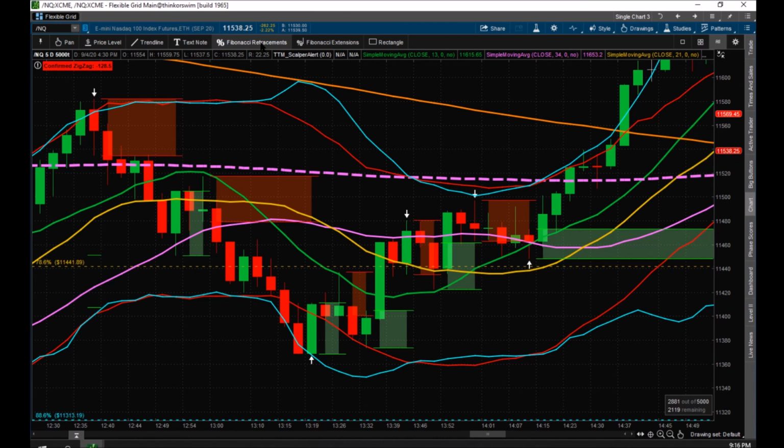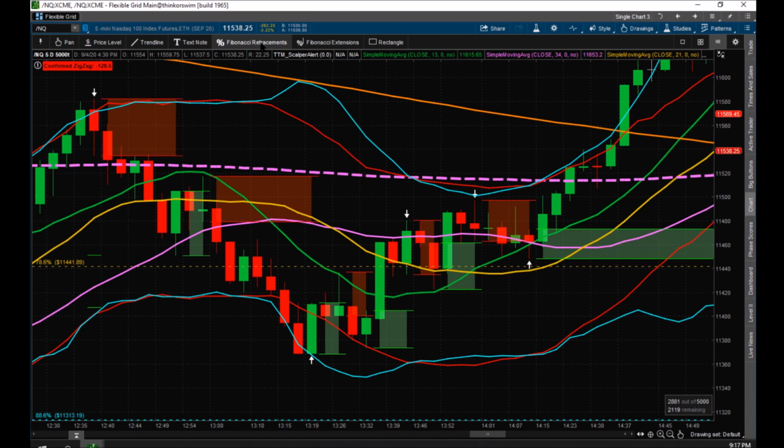Instead of me having a bunch of lines and stuff, I'm trying to minimize the amount of indicators on the chart and focus more on, like I said, better entries.